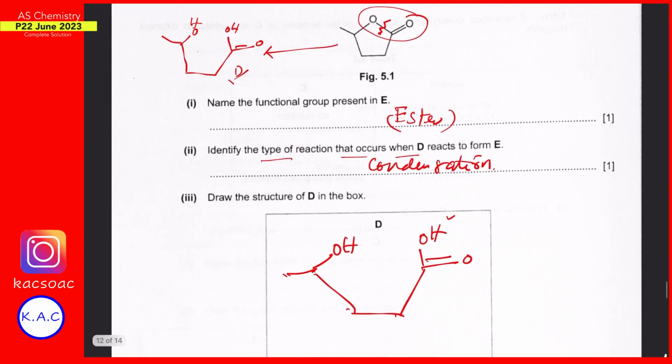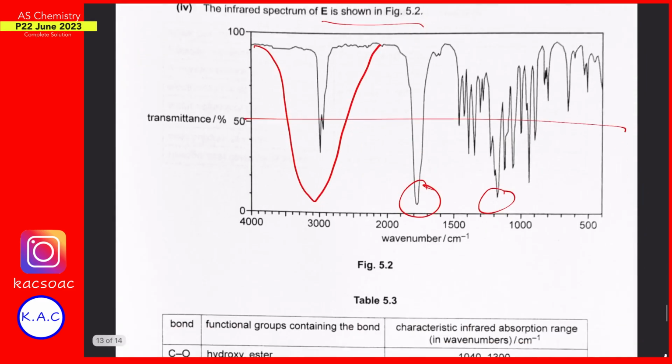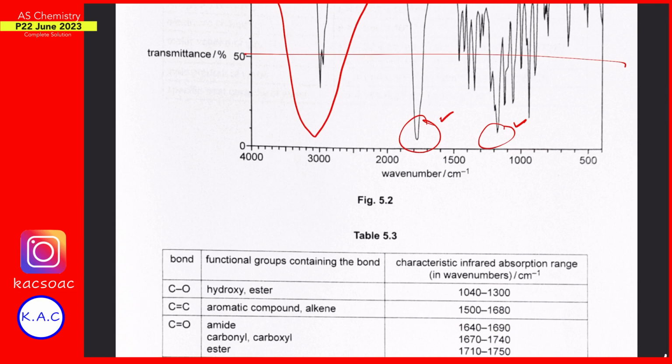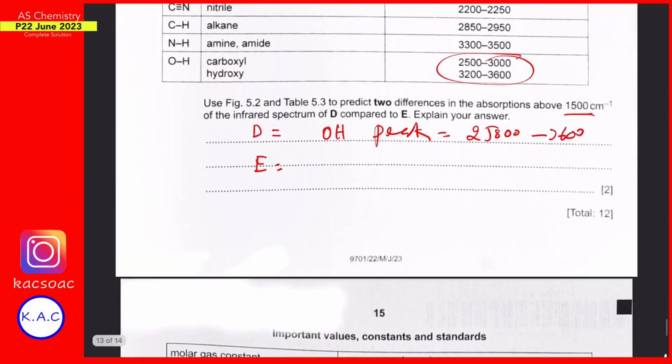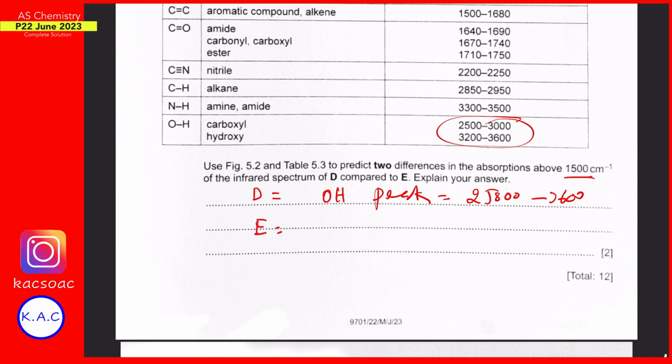C double bond O and CO bond are common, so these two are common peaks. The rest of the peaks are common. So as far as the two differences are concerned, in D this peak will be present, a very broad peak, and in E there is no broad peak.